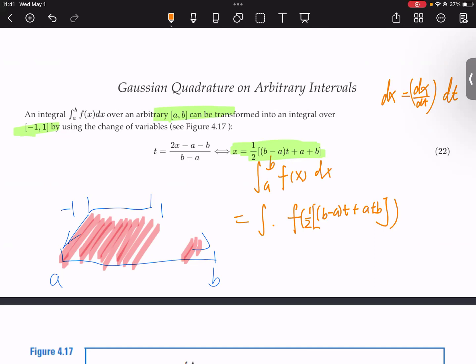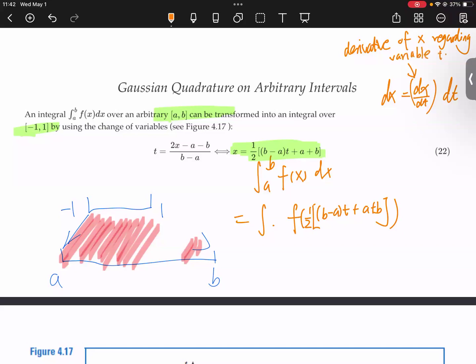Or if you calculate the derivative, and then what's it? That is the derivative of x regarding the variable t. In case you forget the definition of this one, this is the derivative of x regarding the variable t.